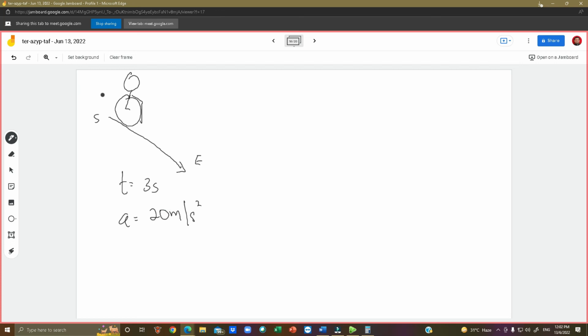If it starts from 0, what is the velocity of this wheelchair at the end of the ramp? Jadi velocity awal dia kosong. Velocity akhir dia, we don't know. How much is it? So, a is V2 minus V1 over change of time. V2 kita tak tahu, V1 dia kosong because it starts from 0.